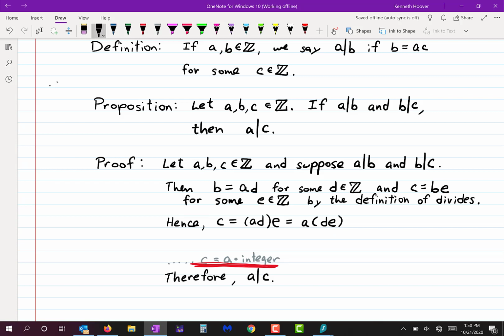I got to put that in writing, okay? So I'm going to say where de, not d comma e, but the number de, is an integer.